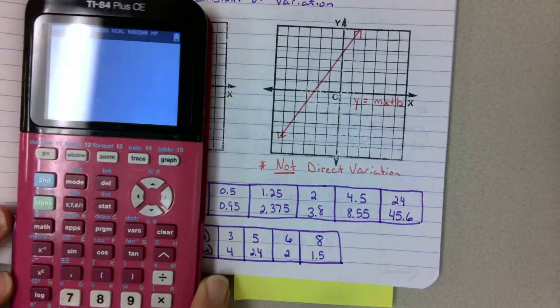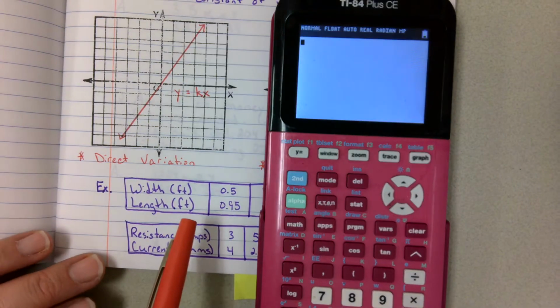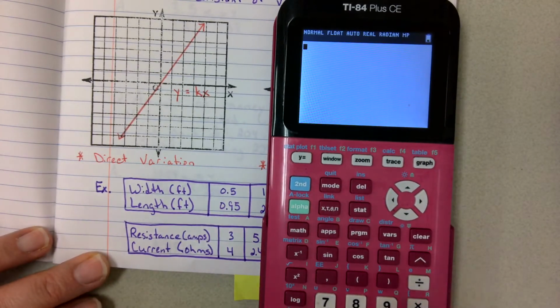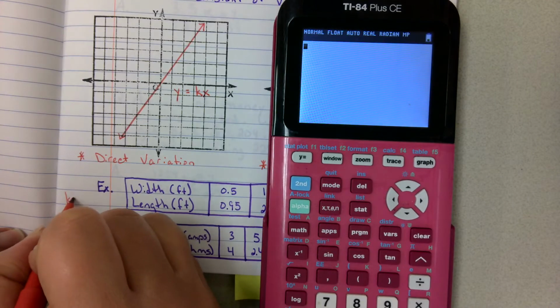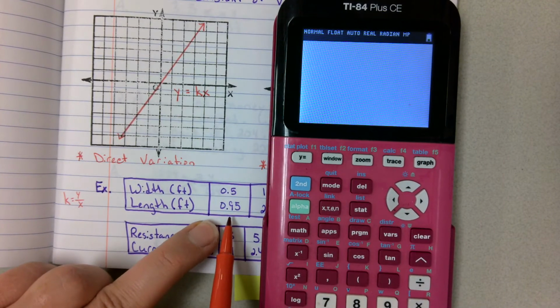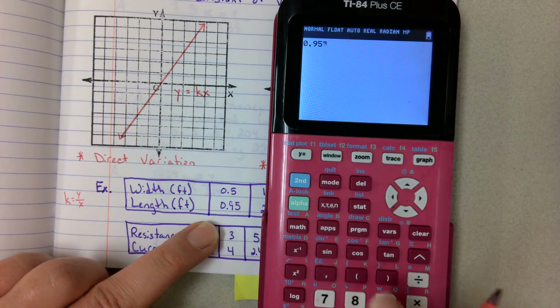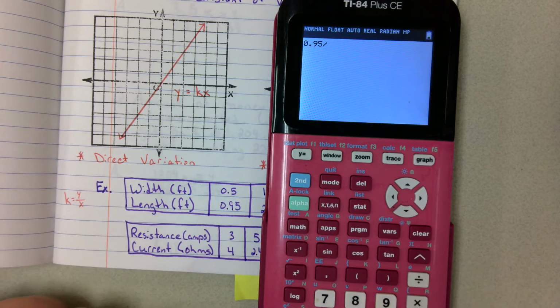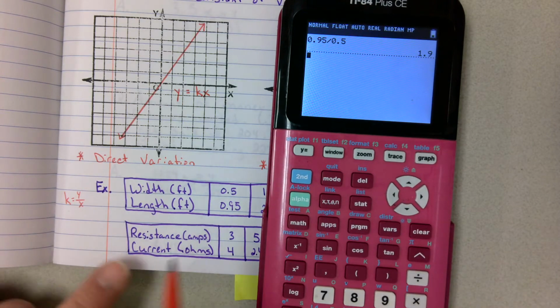We have k equals y over x. So my y value is 0.95 divided by my x value of 0.5, and I get 1.9.